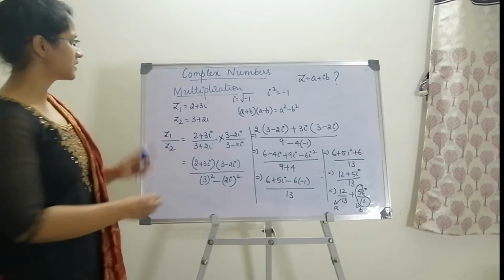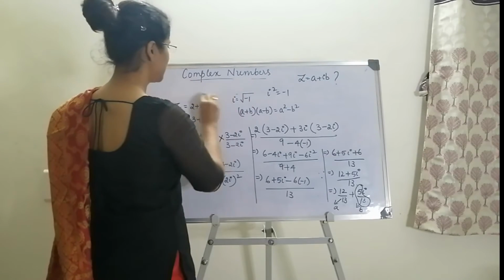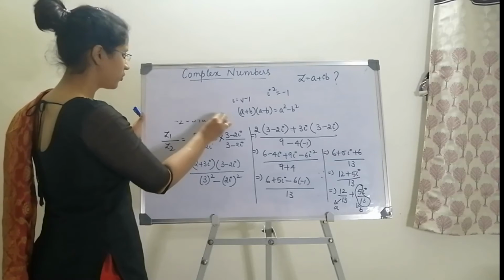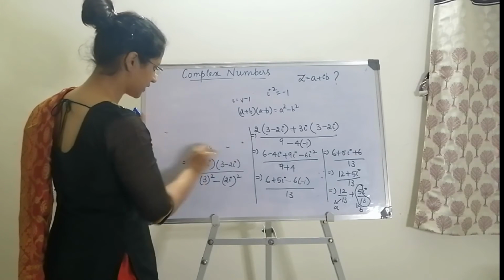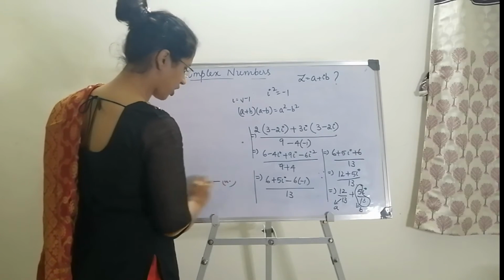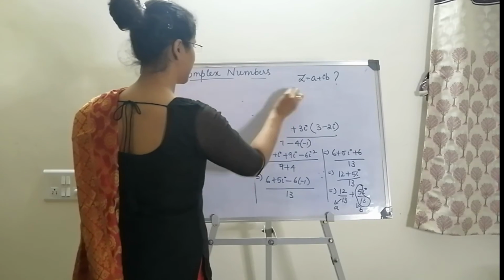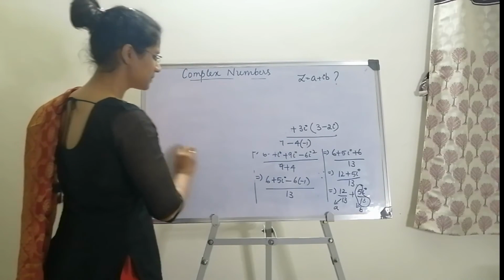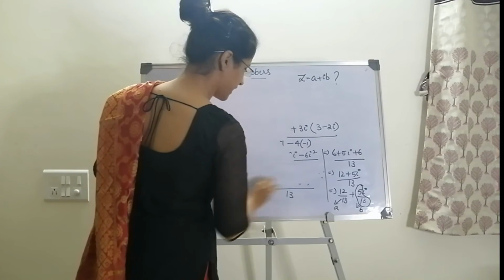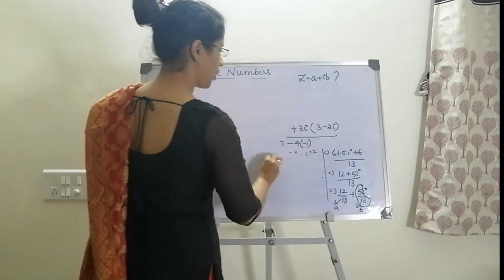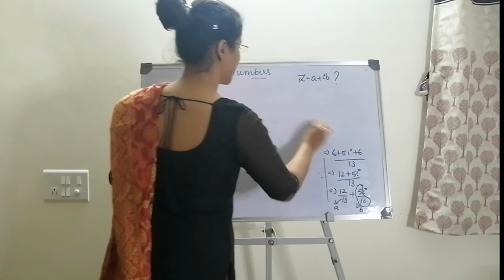So after the concept of multiplication and division, we come to one more very important concept, which is called additive inverse and multiplicative inverse. Problems on these are very much asked. Now, what do you mean by additive inverse?